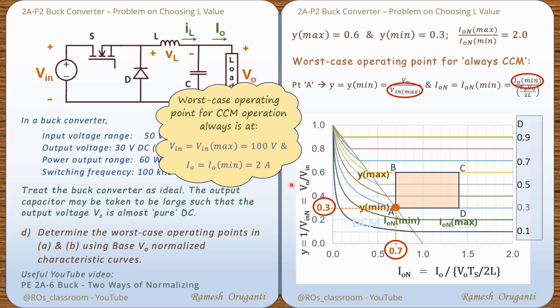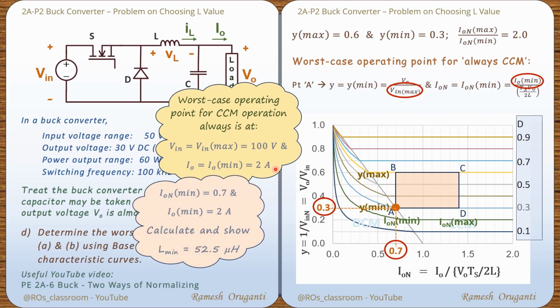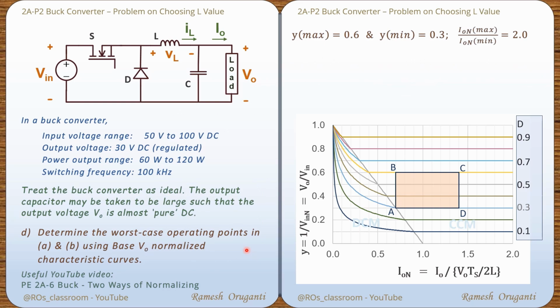IO minimum is 2 amperes. We know that they correspond to each other. So using these two, you can calculate and show that L minimum equal to 52.5 microhenry, the value that we got earlier. Next, we'll repeat part B, this time using these base V0 normalized characteristic curves.